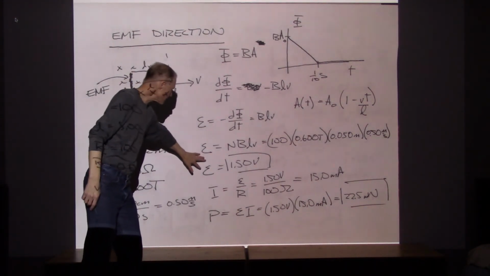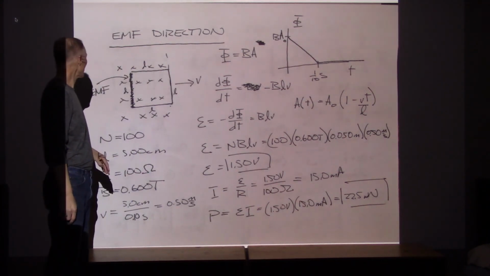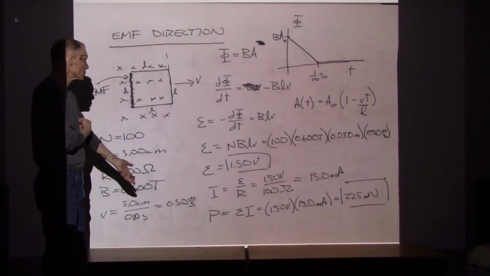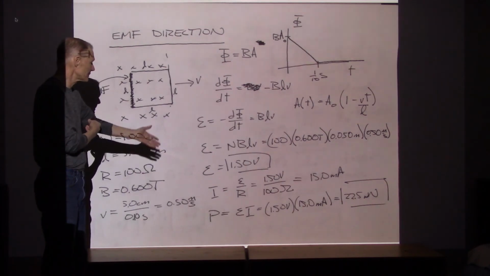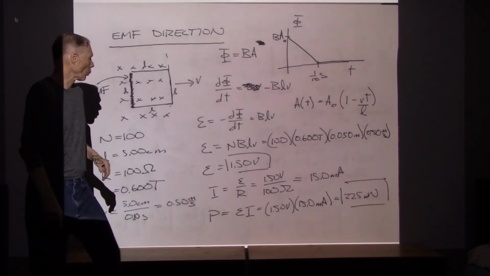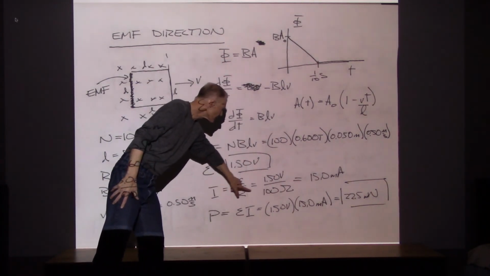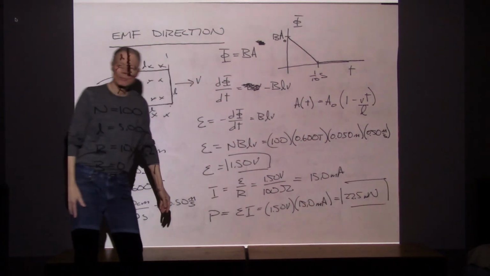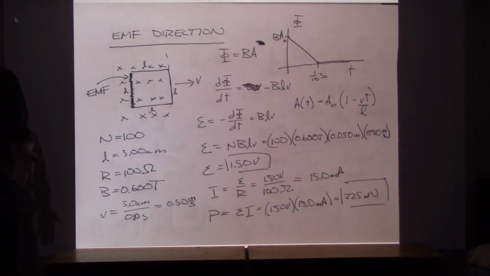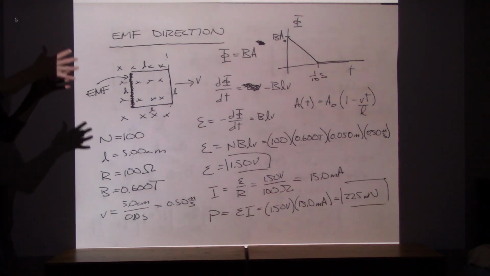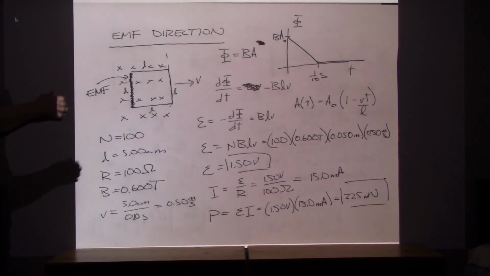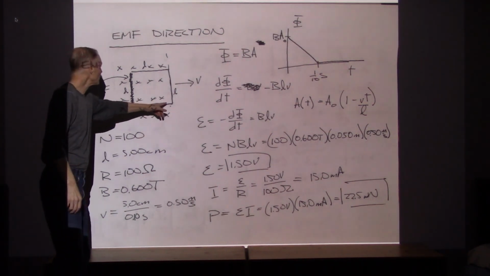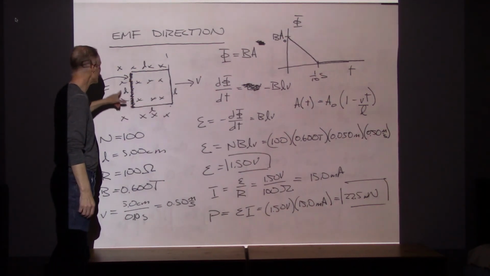If this is the EMF, then we can start asking how much resistance is there. Now in this example, we are told that the resistance is 100 ohms, and it's not in one dedicated location. Instead, that 100 ohms is spread through the entire loop.